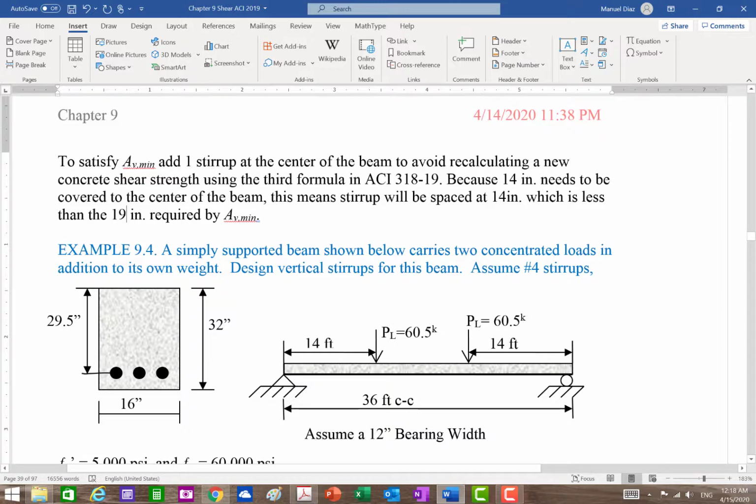So perfect. It's below 19, we satisfy it. Okay. All right, so I'm going to stop here. That shows you two tables, one simple table and a more complex table, and how to plot the shear strength that you are finding.